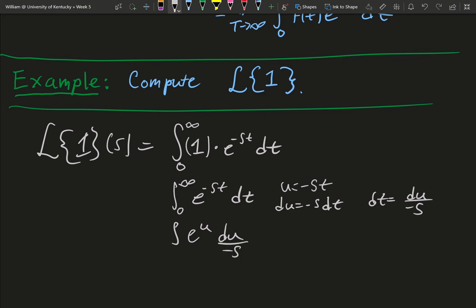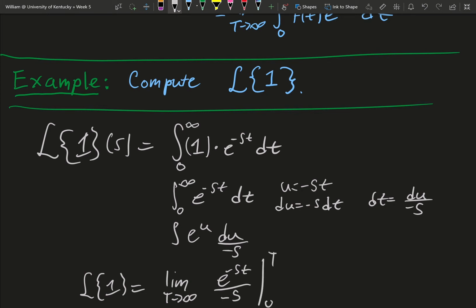And so we get that the Laplace transform of 1 is the limit as capital T goes to infinity of e to the negative st over negative s, from t equals 0 to t equals capital T.